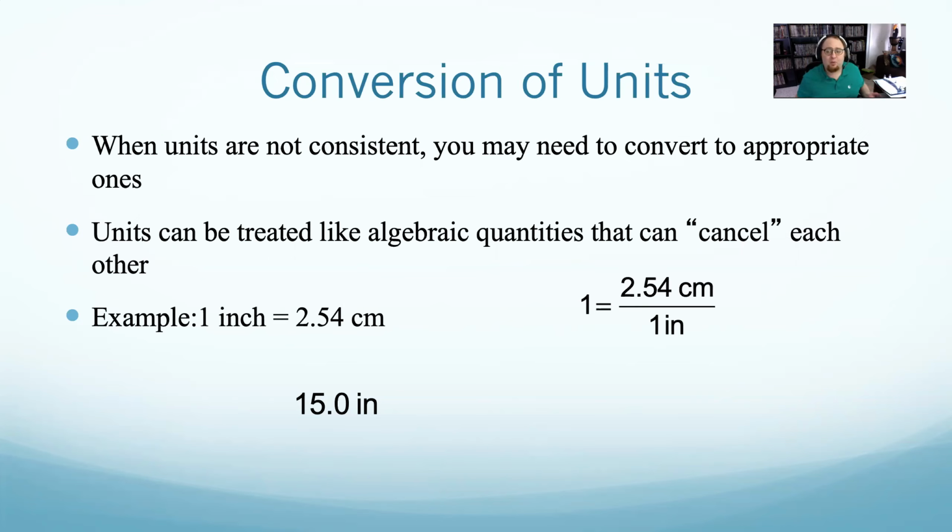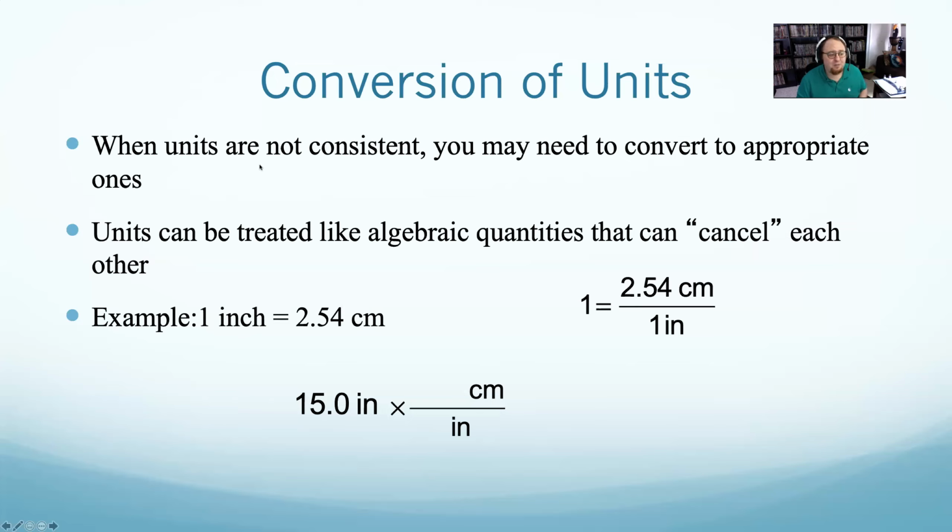If I multiply by 1, the value doesn't change. But I'm going to multiply by a value of 1 to cancel out certain units. If I multiply this by something with inches in the denominator and centimeters in the numerator, algebraically I'm going to have 15 times centimeters divided by inches. These inches can cancel out.